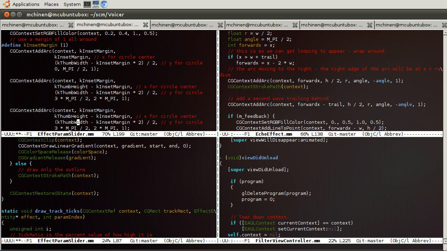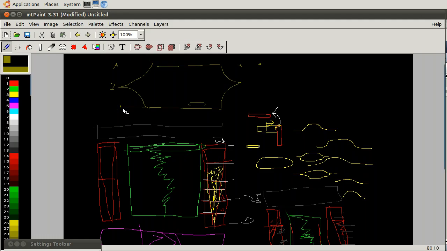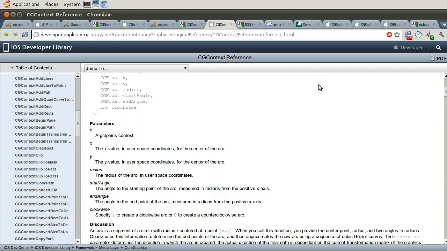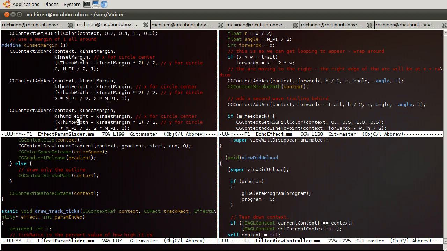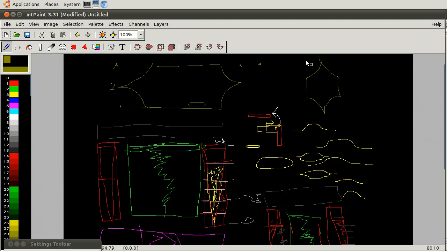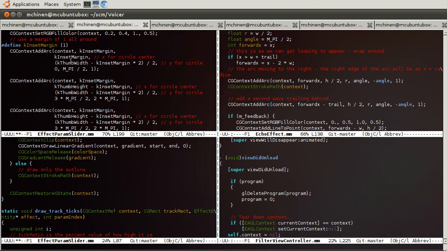What's going on? I'm getting confused now. So this is rotated. This is one thing we are doing wrong. Let's do it again, drawing it like this. So where did we start? We started at inset margin and then half of the y. That's right here. Then we went all the way to here, right?